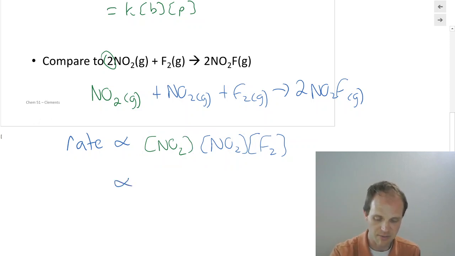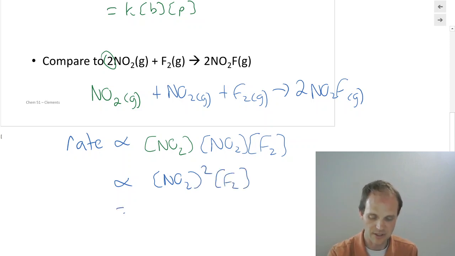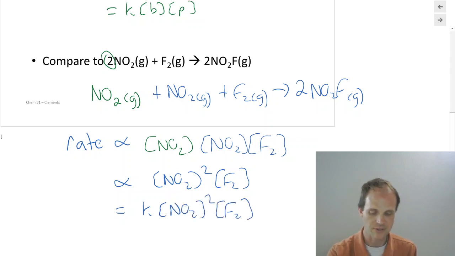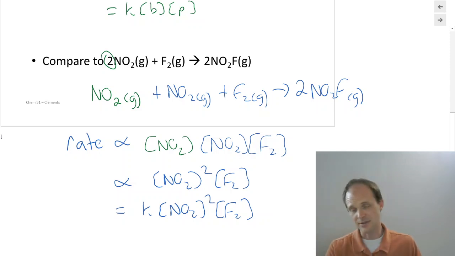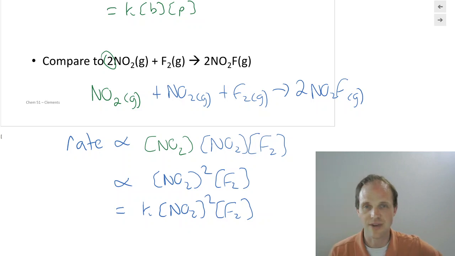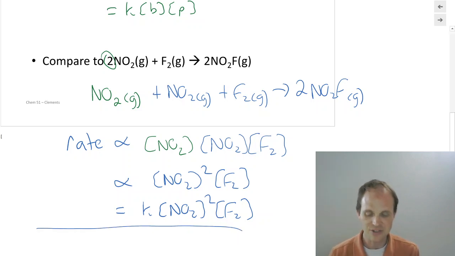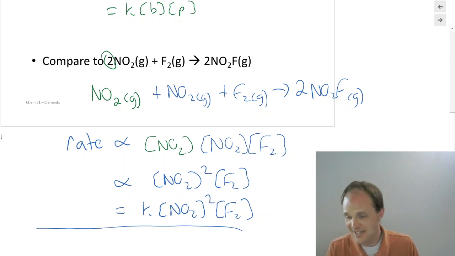And so this would be proportional to NO2 squared times F2, or equal to k times NO2 squared times F2. And that's what we'd get just by thinking through it. And we say, okay, well, so that's how we're going to relate those rates to those concentrations, and we'd be wrong. Because if you actually do the experiment, you don't get that, okay?